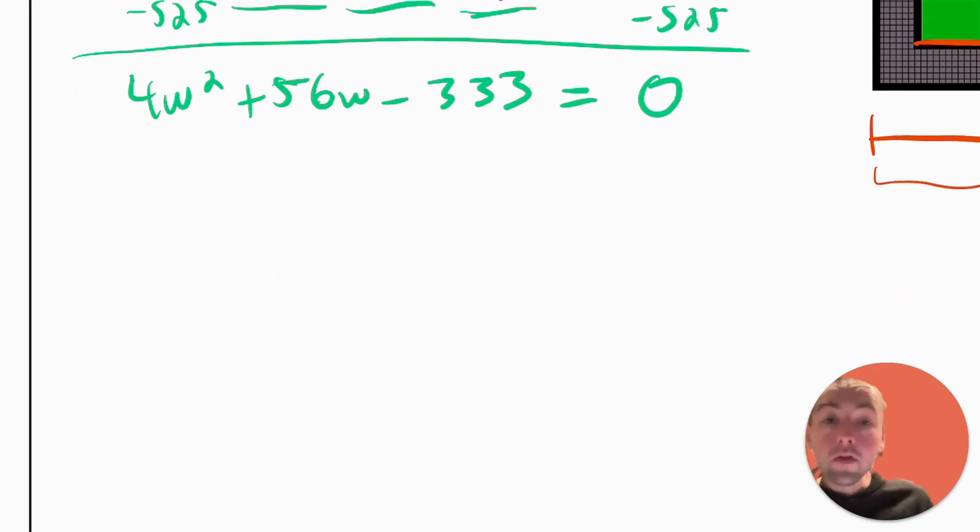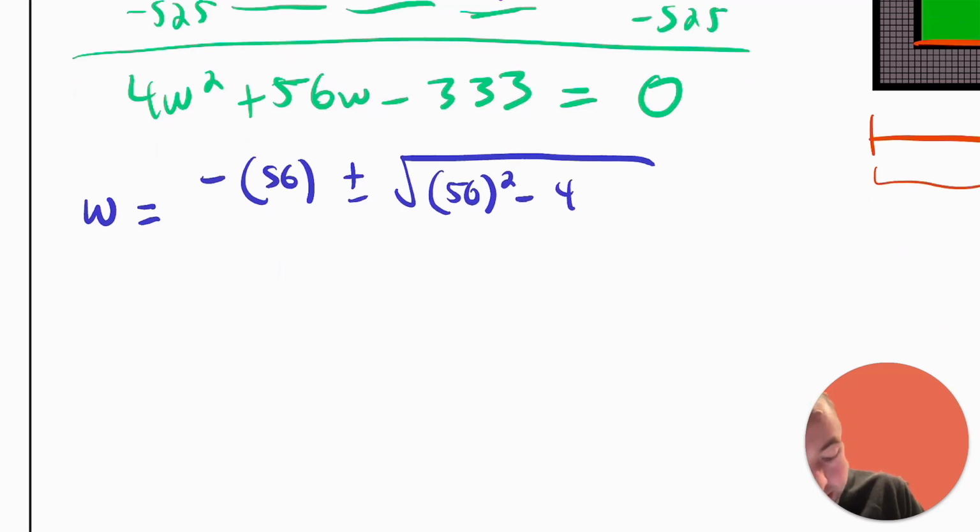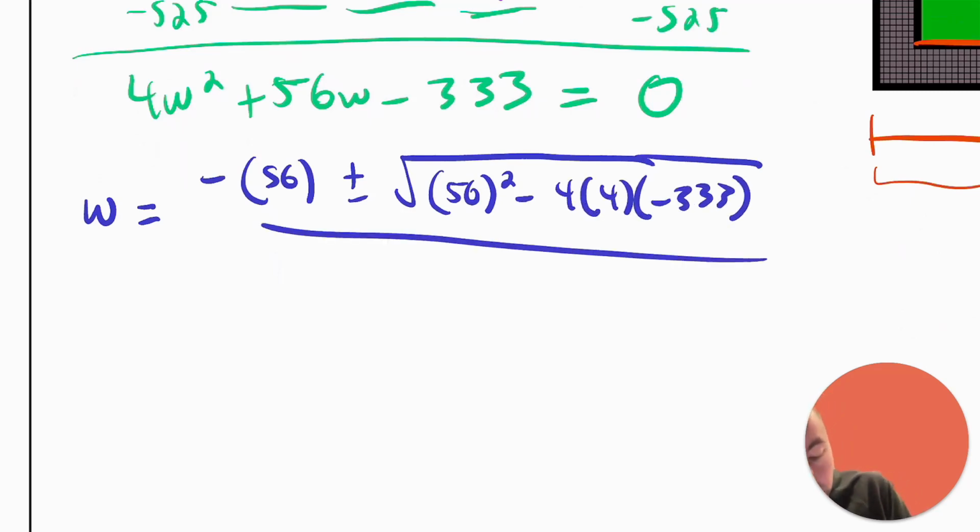I'm just going to use the quadratic formula to solve this. So we know that W is going to equal negative B, plus or minus the square root of B squared minus 4AC, all over 2 times A.